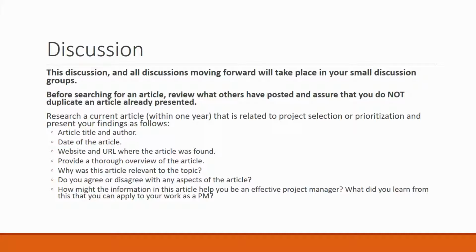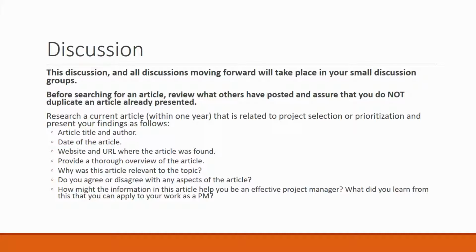Let's put it this way, you want to write it in such a way that your peers don't have to go out and read the article. Paraphrase, but write enough of an overview about the article so that your peers who are reading your post are going to be able to understand what the main points of the article were about.